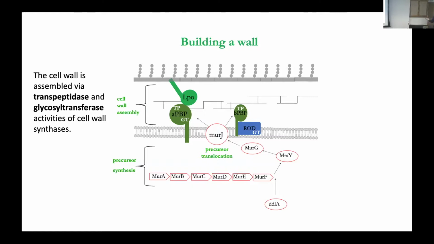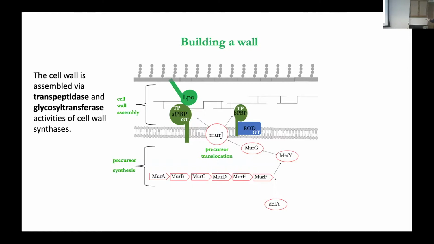You already noticed that this all starts with a single pathway, and the translocation is a single pathway, and then it diverges. So all of a sudden we have two enzyme complexes, the aPBPs with LpoAB and the rod complex with bPBPs, that engage in these activities, glycosyltransferase and transpeptidase.